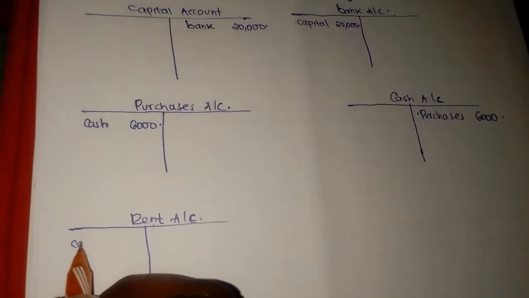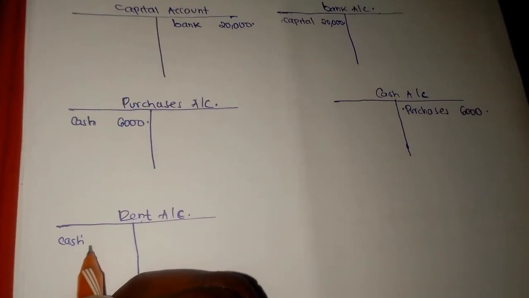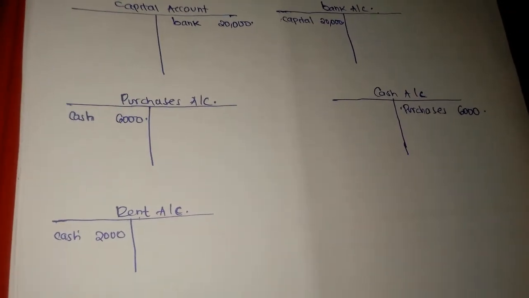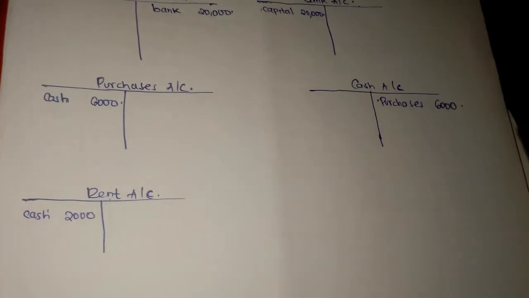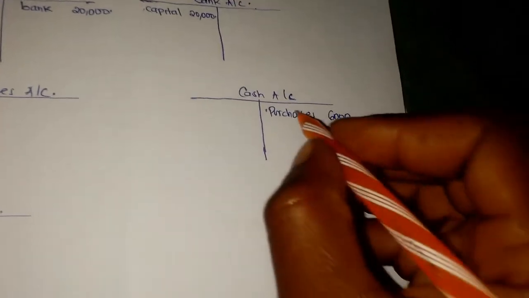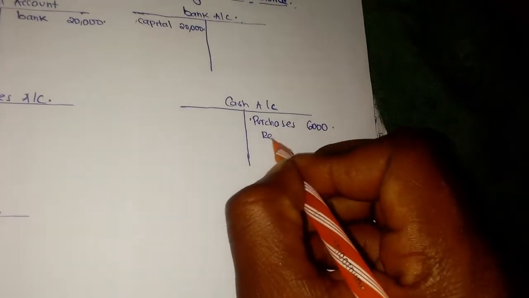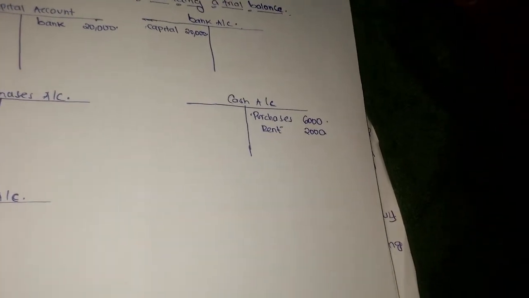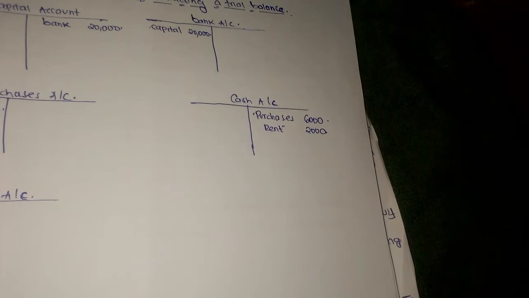He used cash, 2,000. Then we go to the cash account. Remember, each question has two accounts. So paid rent, shillings 2,000, we credit the cash account.